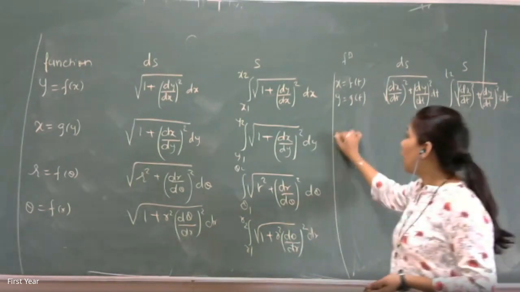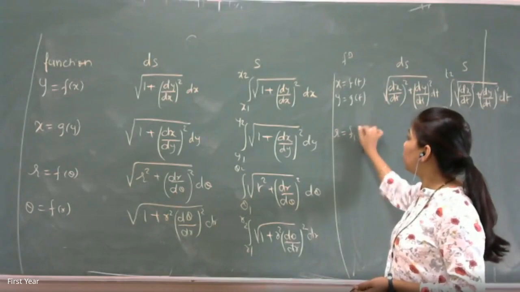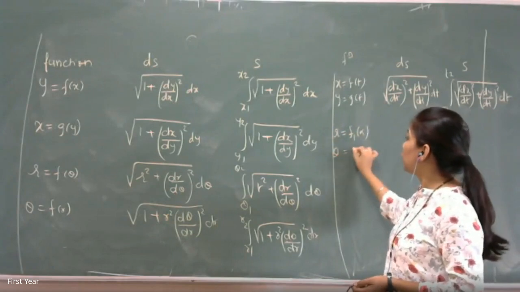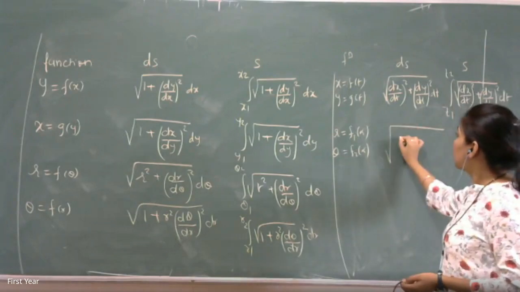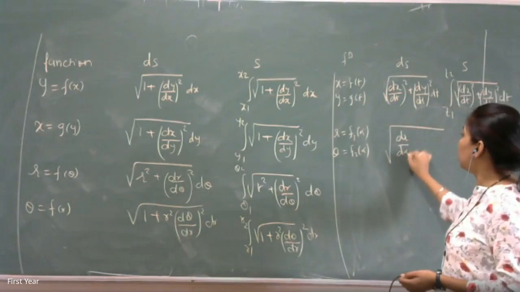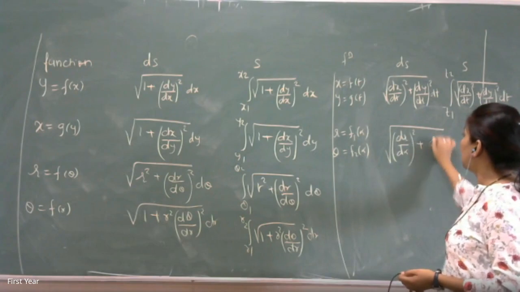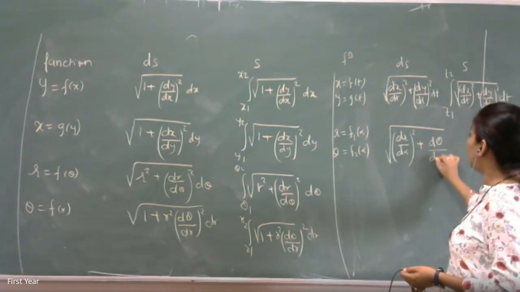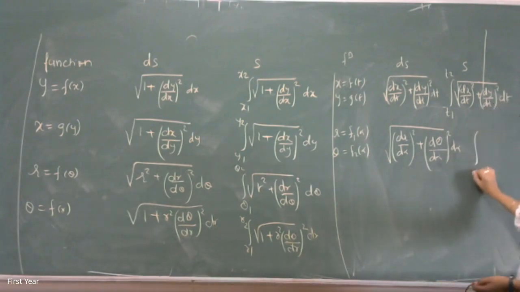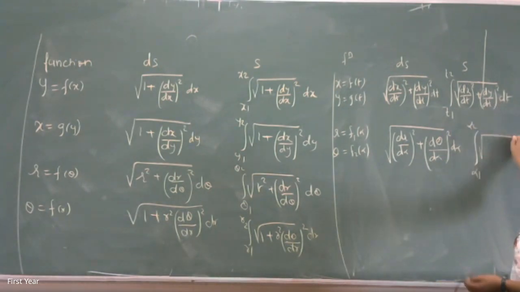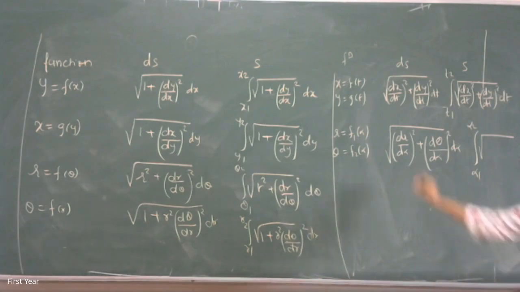Sometimes if r is in terms of alpha and theta is also in terms of alpha, then it becomes square root of dr by d alpha the whole square plus r square d theta by d alpha the whole square into d alpha, and here it is integration alpha 1 to alpha 2, same square root, with respect to alpha.